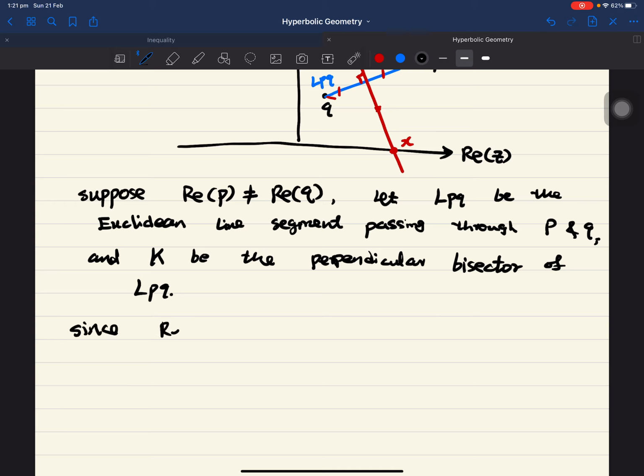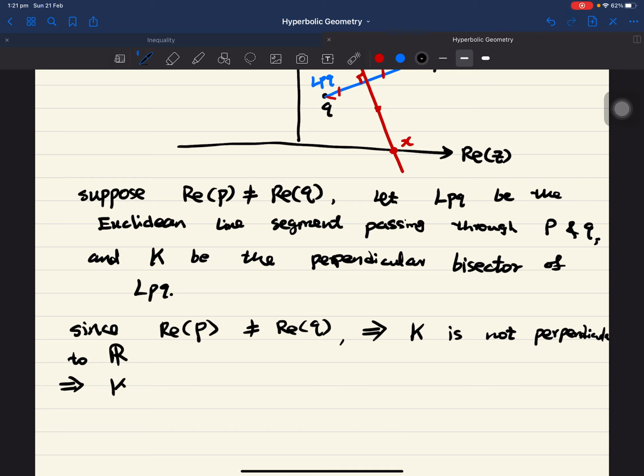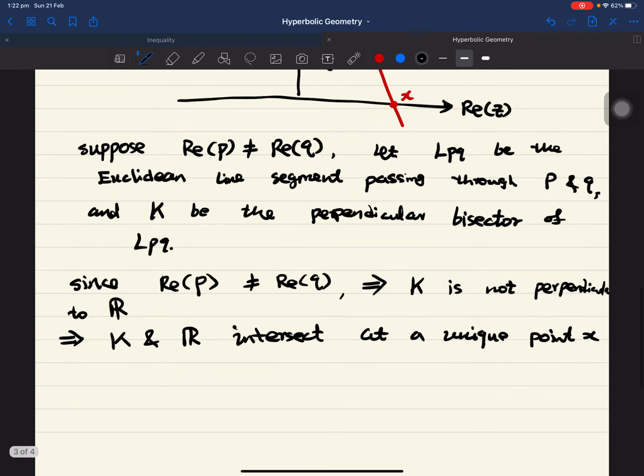Since the real part of P is not equal to the real part of Q, we know that K is not perpendicular to R. Then K and R intersect at a unique point X as shown above.